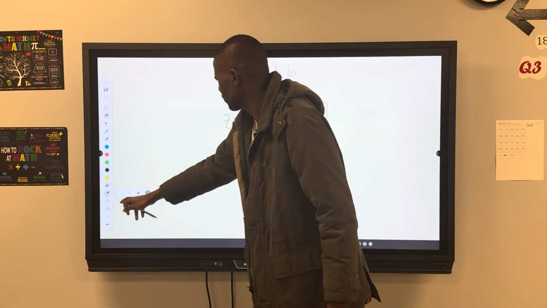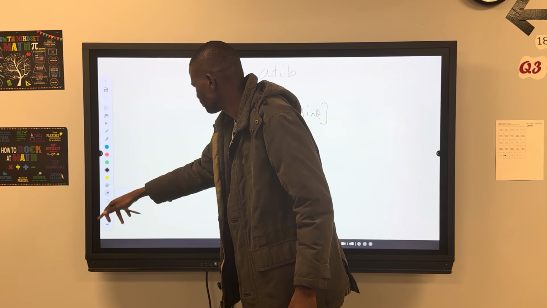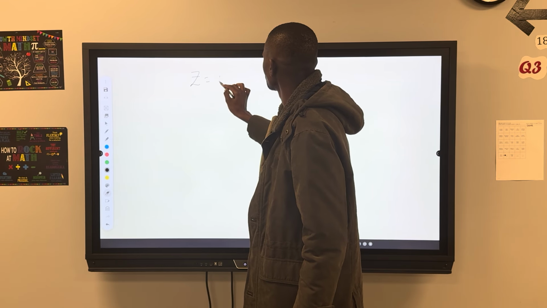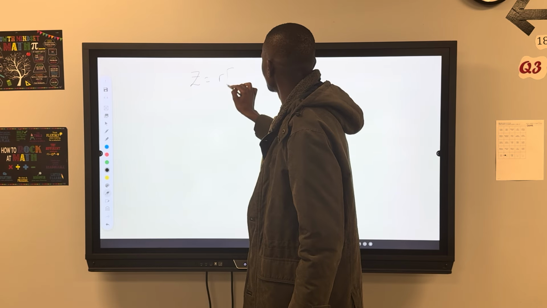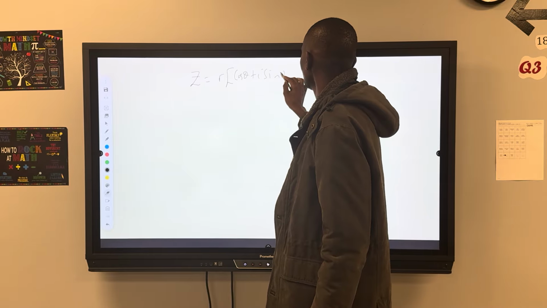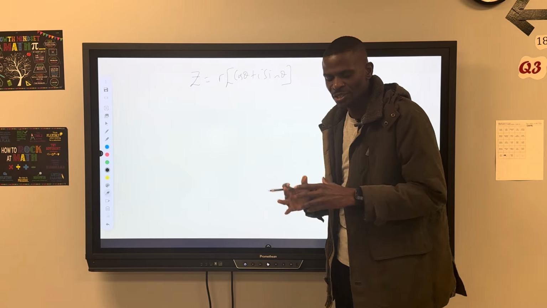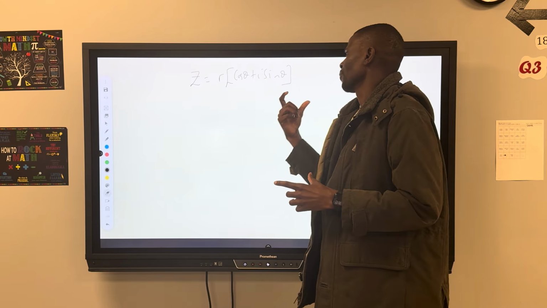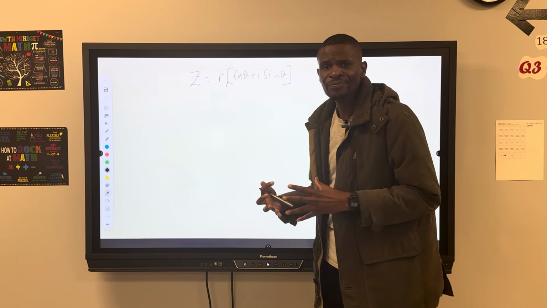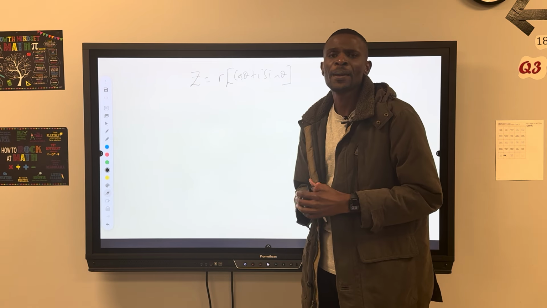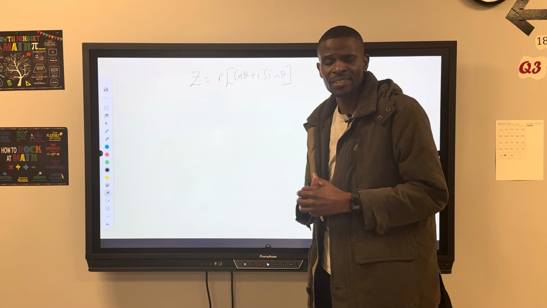So we know that Z is equal to r (cos theta plus i sine theta). So when we are dealing with trigonometric functions, we still get the same value if we keep adding multiples of 360 or 2 pi.